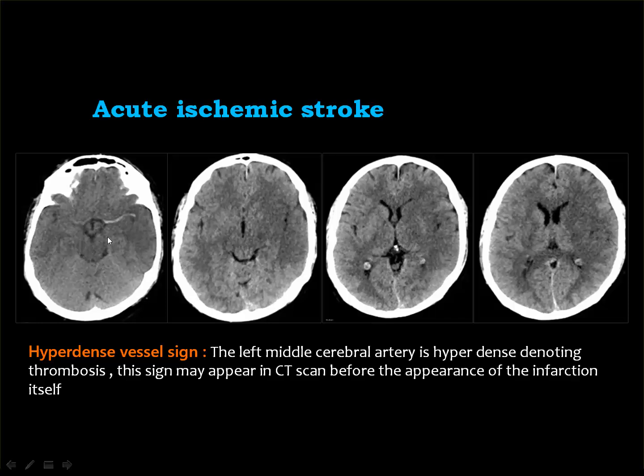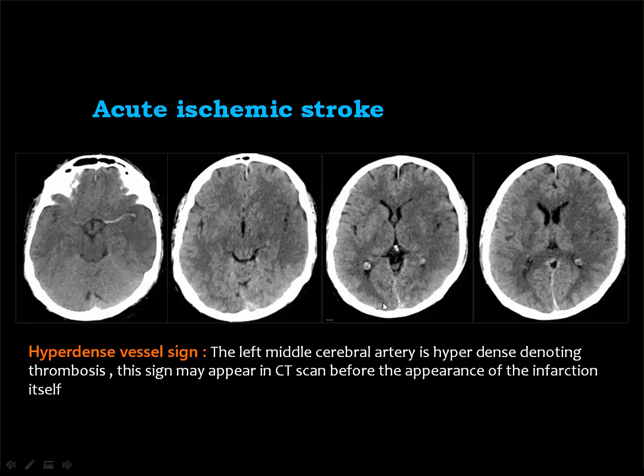At that time, you call this hyperdense vessel sign, and you call this infarcted area a hyperacute infarction. A hyperacute infarction is ischemic brain tissue that is not yet seen in the CT scan.